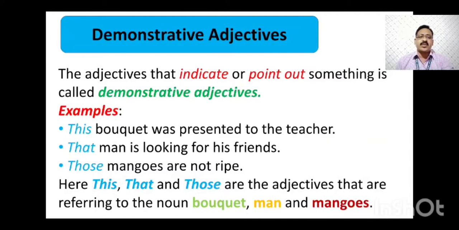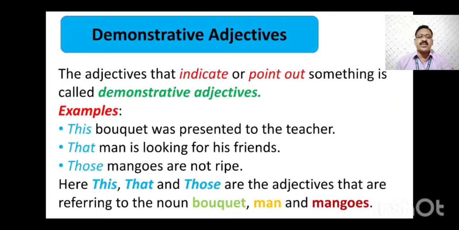That man is looking for his friend. So I am pointing to that man we are talking about. So "that" here is a demonstrative adjective. Those mangoes are not ripe. So we are talking about particularly those mangoes which are not ripe, not all the mangoes.